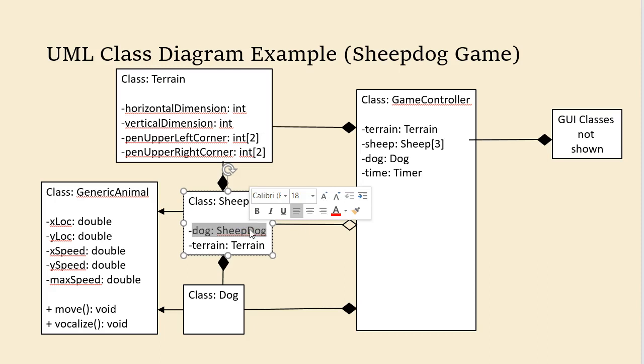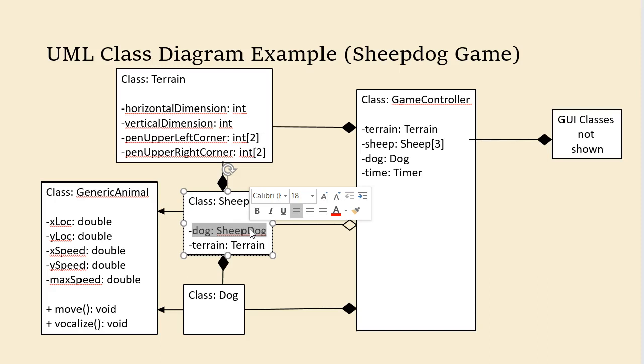Remember, when you pass a handle in for an object, what you're really doing is passing in the memory space. So we're giving the sheep access to the memory space where the dog information is kept, and now the sheep can determine on their own where the dog is and what direction the dog is going, and then we can write the move method based on that information.